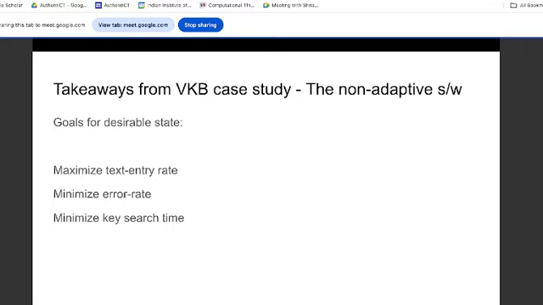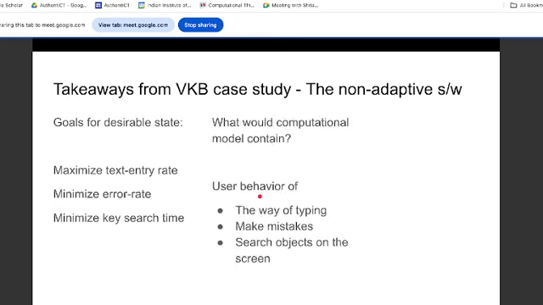They should not end up spending a lot of time finding out where this key or that key is. So this is the main crux of the desirable state for the virtual keyboard: you maximize the text entry rate, minimize the error rate for the users, and minimize the key search time. Key search, as in, where is the key, that time.